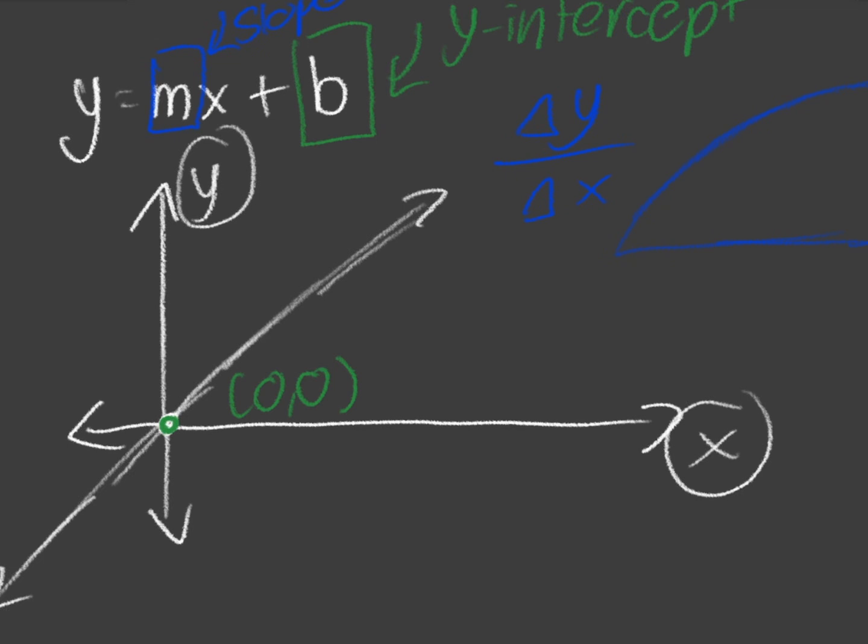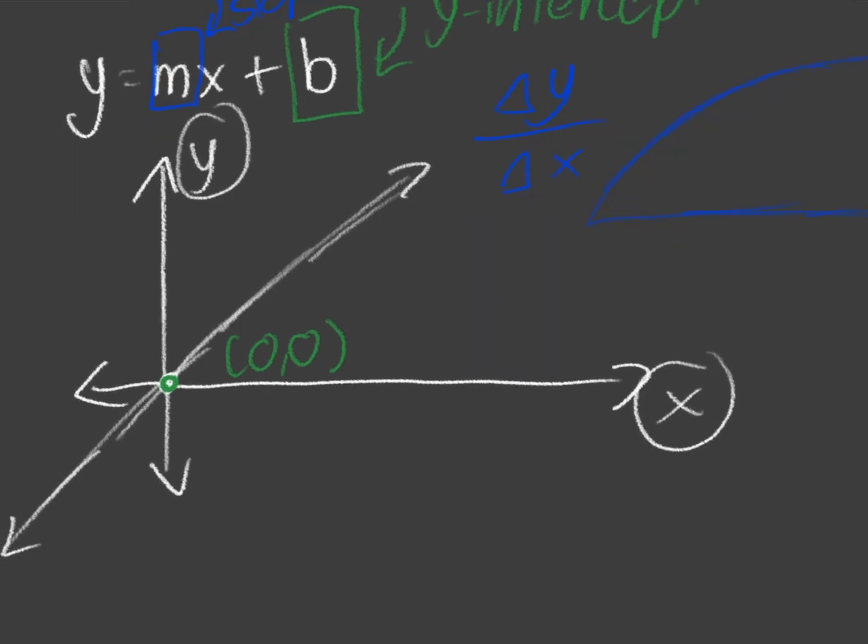Now you might be wondering, how do we get the slope and y-intercept? Usually when we're trying to figure out the equation for a line, we like to find the slope, because once you have the slope and at least a point on the line, you can get the y-intercept. To find the slope, like I said, is the change in y over the change in x. But what does that really mean?